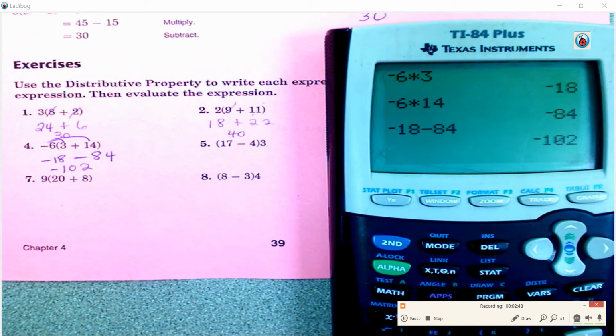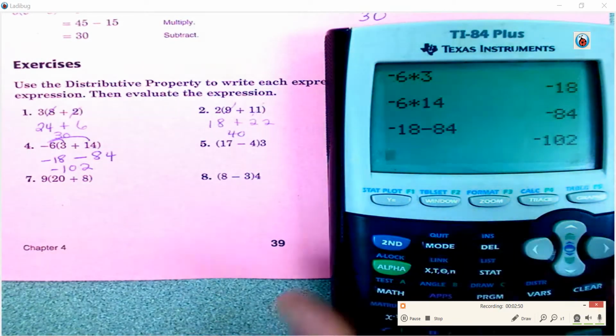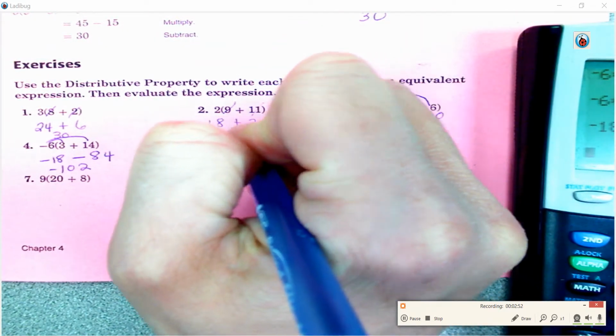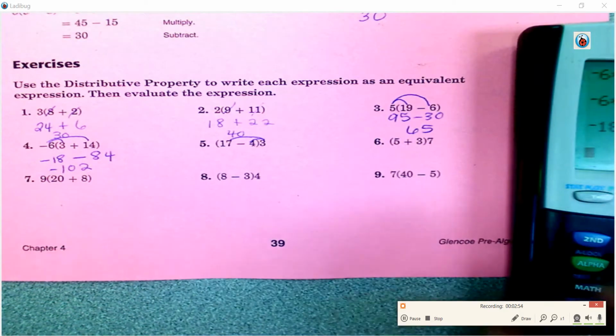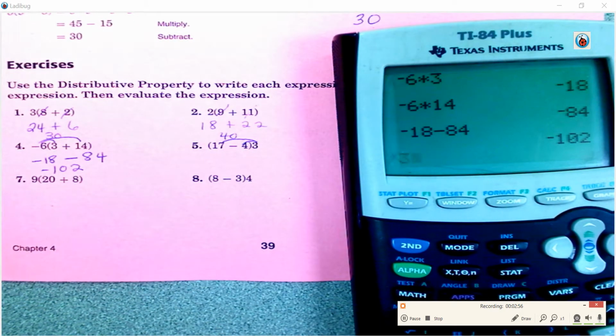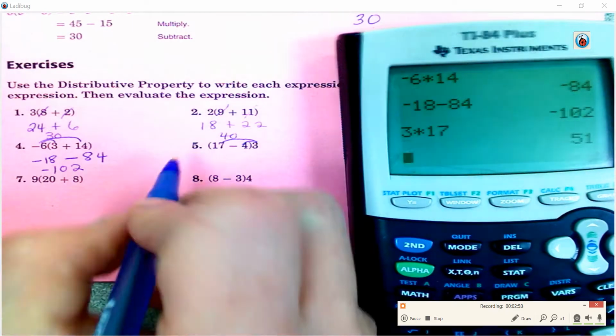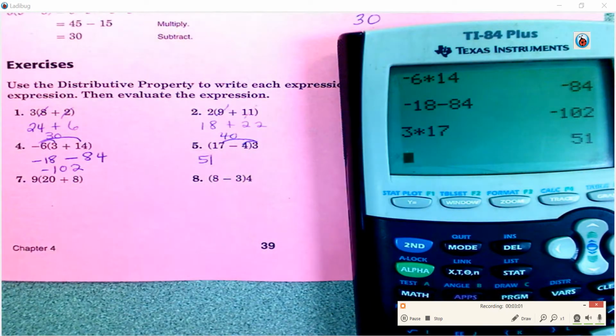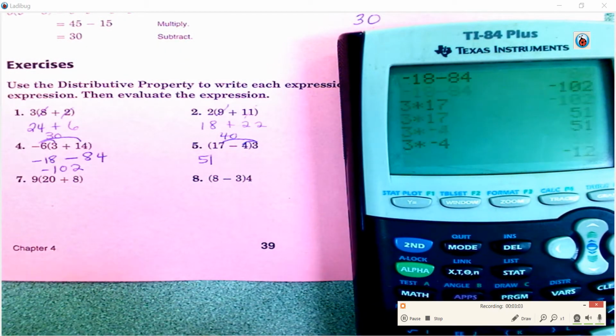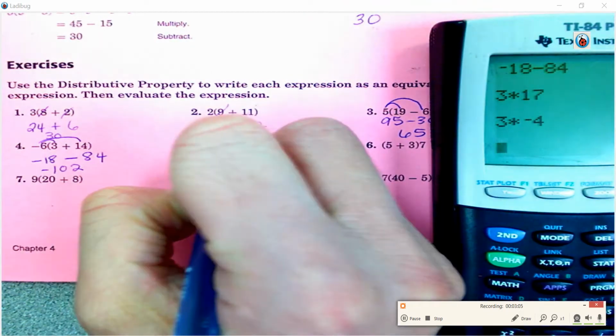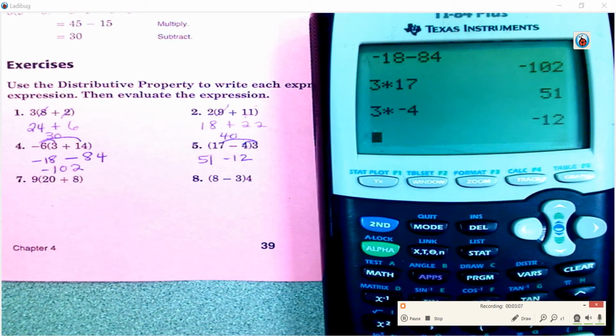That's our answer. Okay, we can also distribute from right to left. So 3 times 17 and 3 times negative 4. So we'll do that next. 3 times 17, 51. And 3 times negative 4, negative 12. And then 51 minus 12, 39.